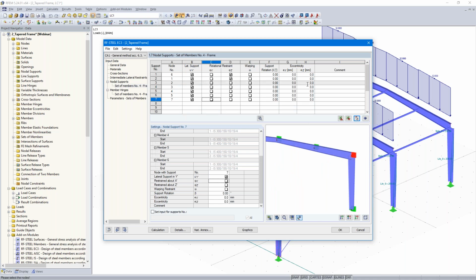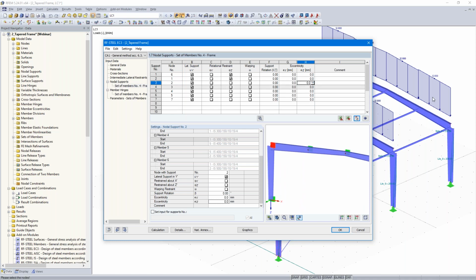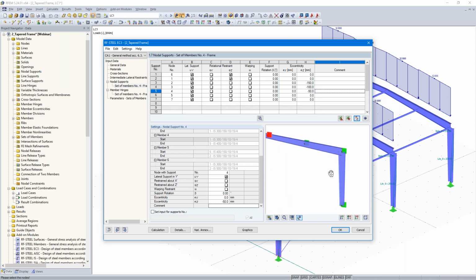But what is different here? The eccentricity, because of the different heights of the cross sections. Minus 150, minus 100, minus 50, minus 100, minus 150. So that's all.